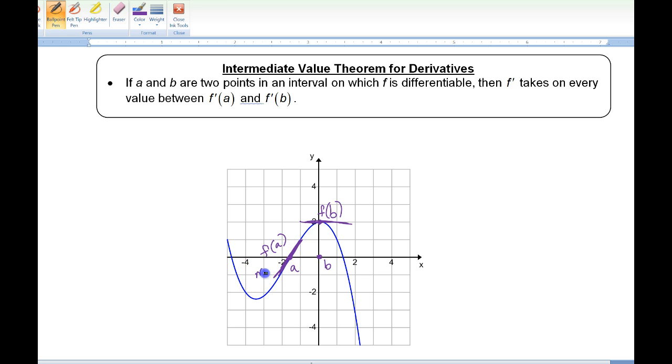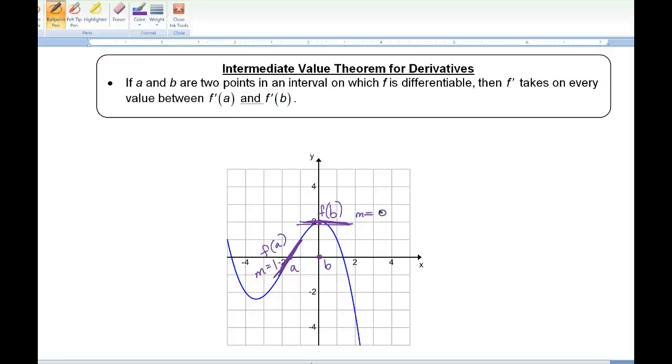Yeah. And right here, m is equal to 0? So that means the slope has to take on all values between 0 and 1.